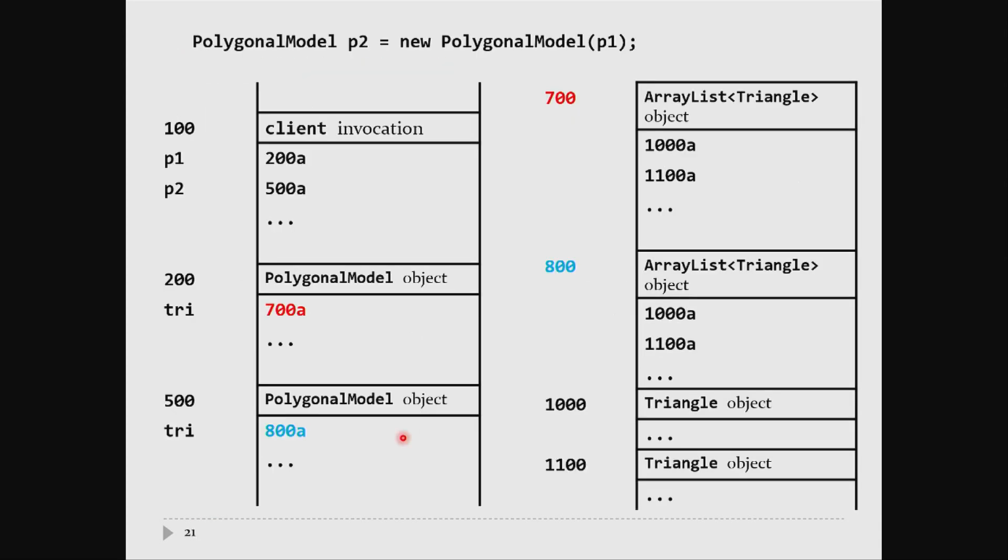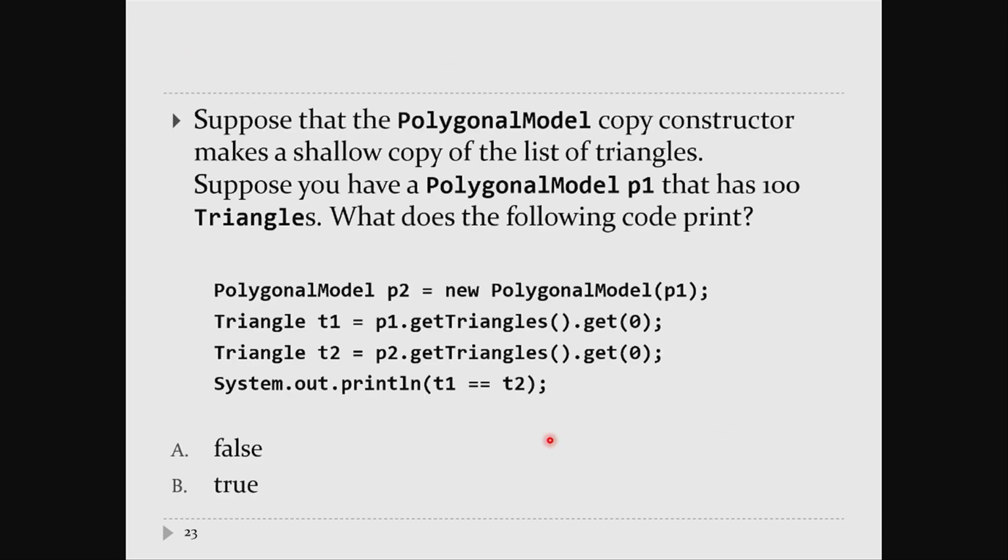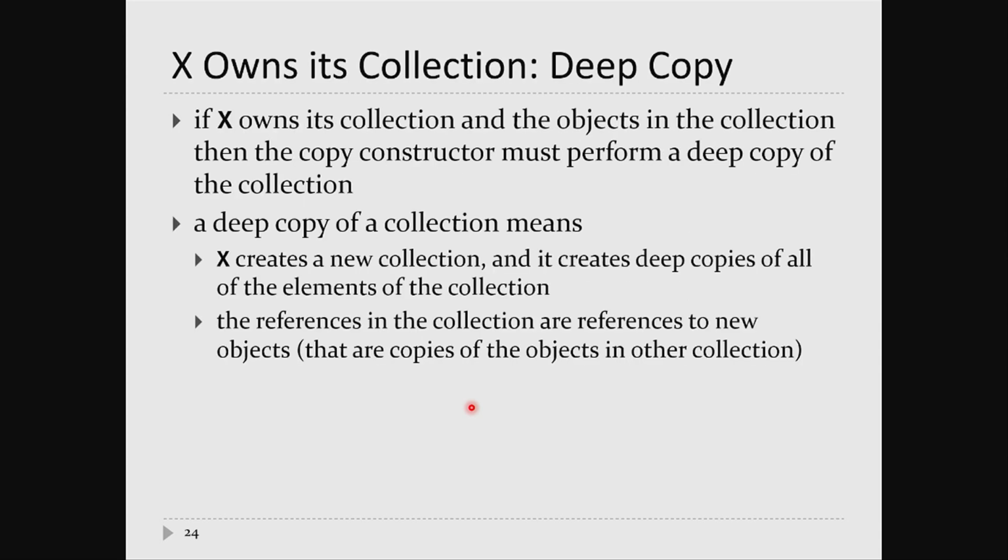Why? Because the first triangle for P1 is up here, the first triangle for P2 is right there, and they both have the same value. In other words, they both point to that object there, so it's the same object. == returns true. If you change that to .equals, it should also return true, because it's the same triangle.